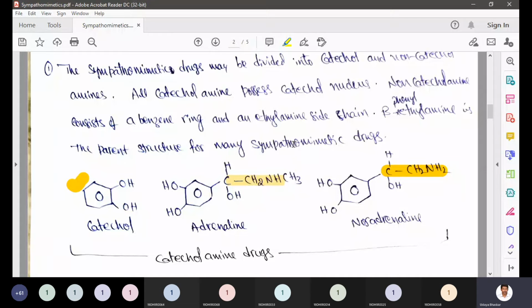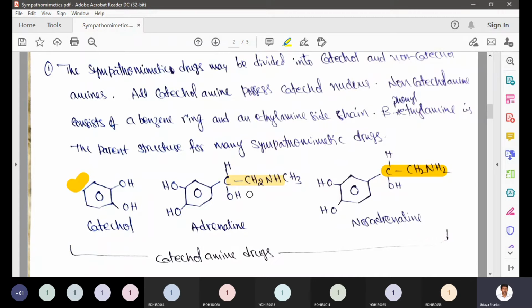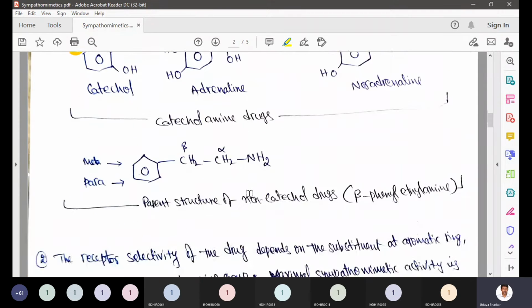So beta phenyl ethylamine is the parent structure for many sympathomimetic drugs. Something like adrenaline without hydroxyl groups or with hydroxyl groups is the parent structure. So for most of the drugs, this is the parent structure. That is point number one.